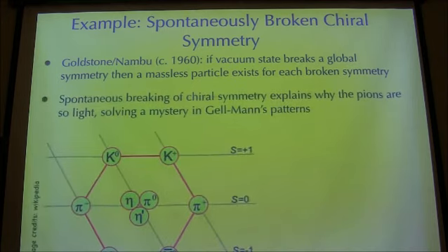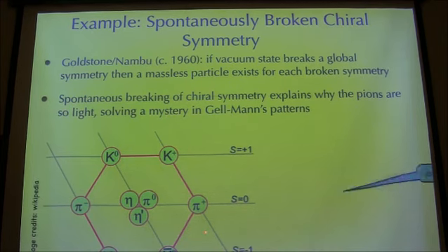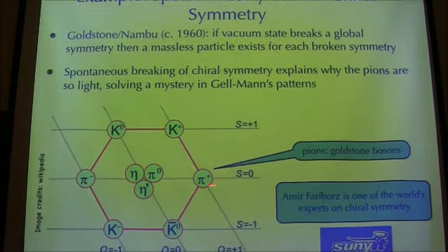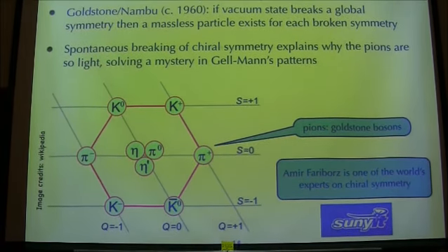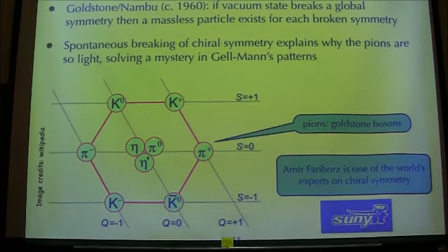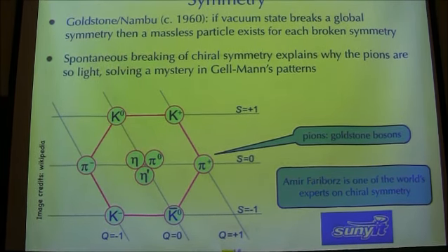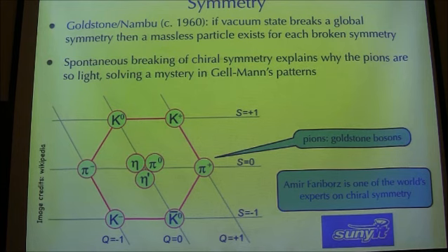And there was a bit of a mystery in Gell-Mann's patterns. Although they work very well, the pions that appear in here are just way too light to satisfy the symmetry principles of Gell-Mann's flavor symmetry. And essentially the answer to this is that the pions are Goldstone bosons of broken chiral symmetry.